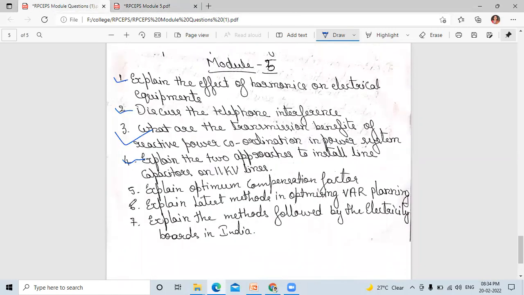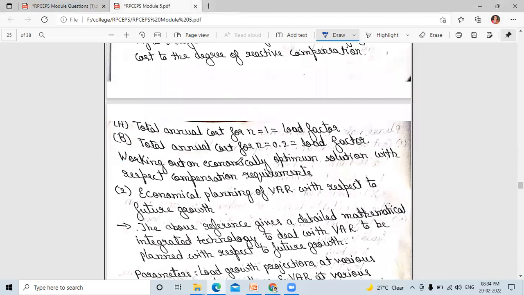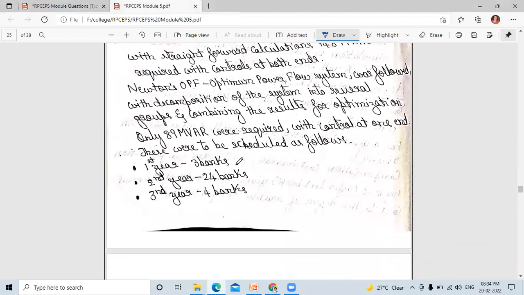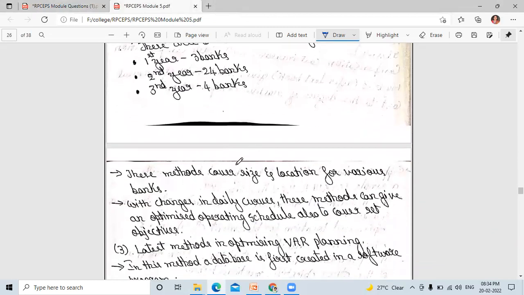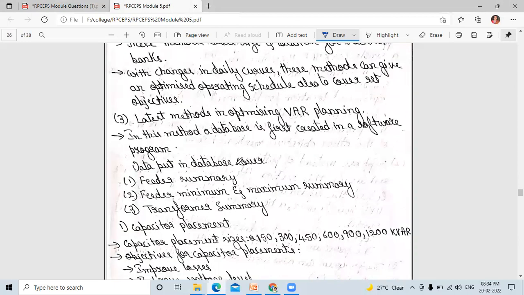Next, explain latest methods in optimizing VAR planning. This is the latest method in optimizing VAR planning.